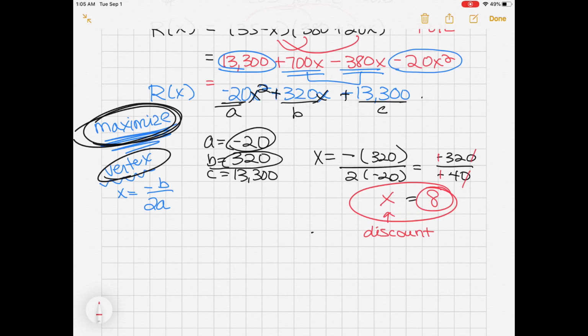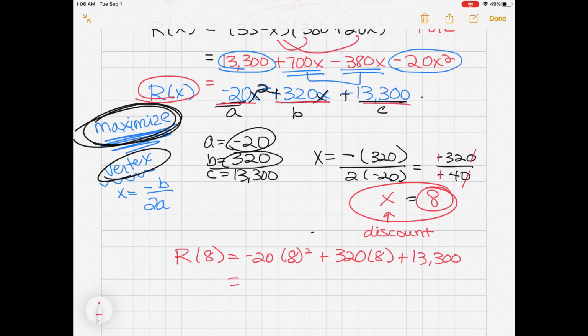Well, let's find that total revenue, right? So R of 8, meaning the discount is now 8, equals negative 20 times 8 squared plus 320 times 8 plus 13,300, which we got right from here.